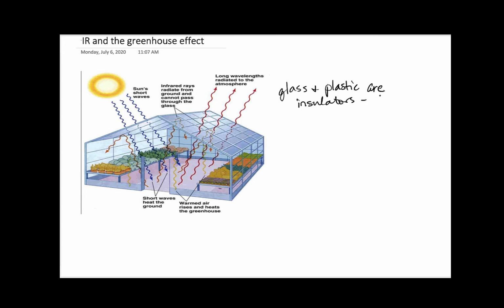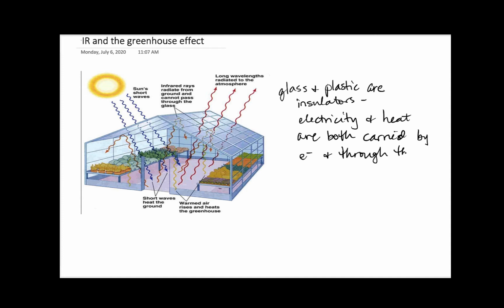And this we are most familiar with in terms of electricity, but electricity and heat are both carried by electrons, and through the organized structure of the material called the lattice.